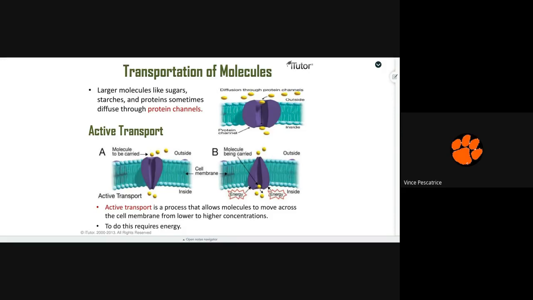So active transport is the cell process that allows a molecule to move across the membrane from a lower to a high concentration. Now remember, we talked about everything always moving from high to low. If you think about it, it's like rolling a ball down a hill. It goes from a high place to a low place.